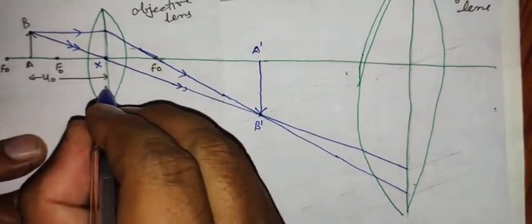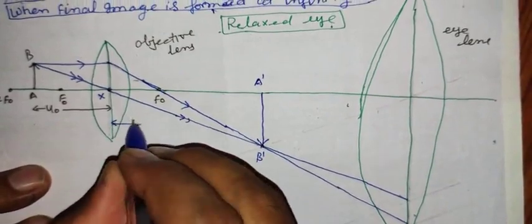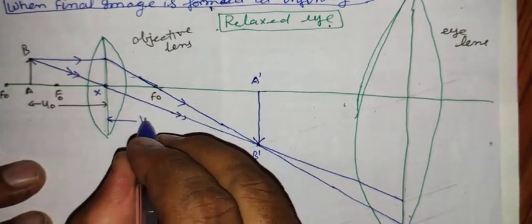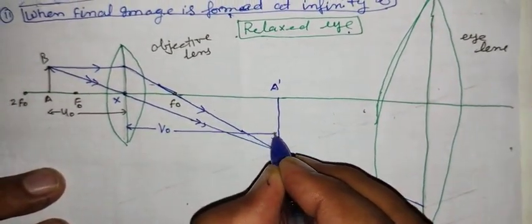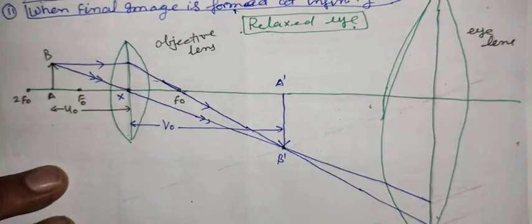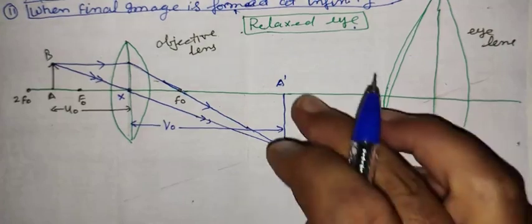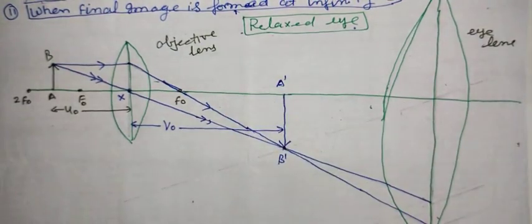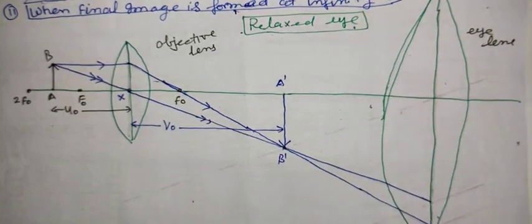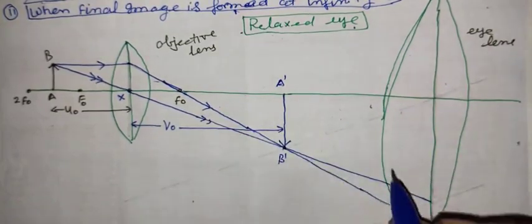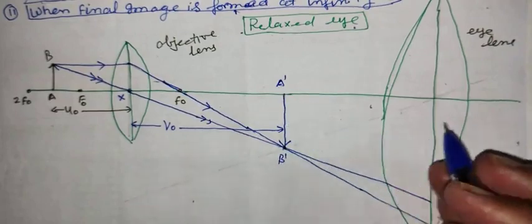This distance is represented as Vo. The image A dash B dash plays the role of object for the eye lens, and we want the final image formed at infinity.